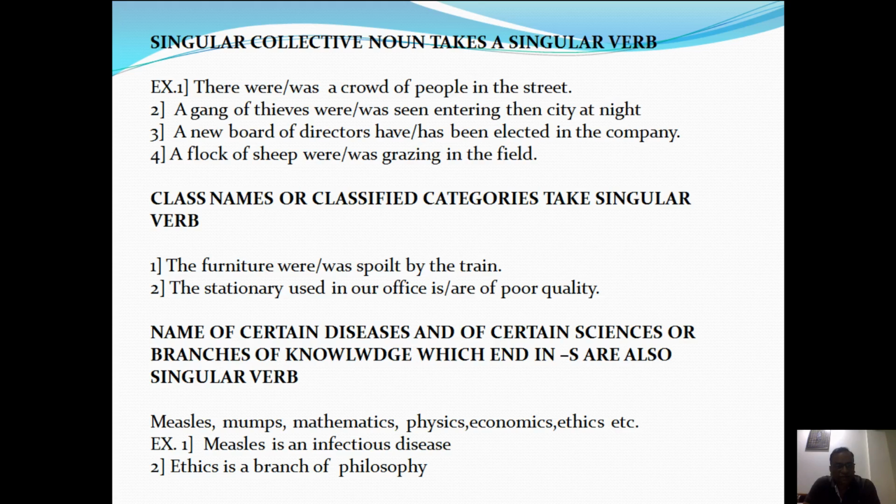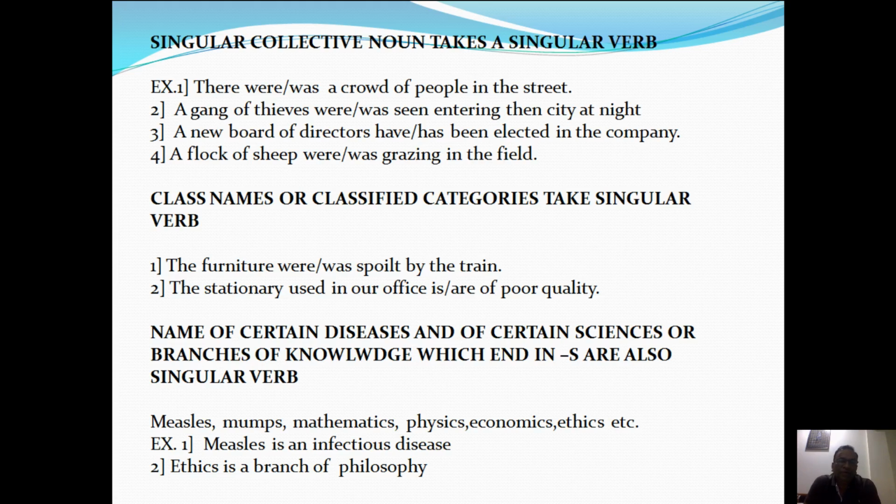There was a crowd of people in the street. A gang of thieves were seen entering the city at night. The answer will be: a gang of thieves was seen, since it is a collective noun. Was seen entering the city at night.